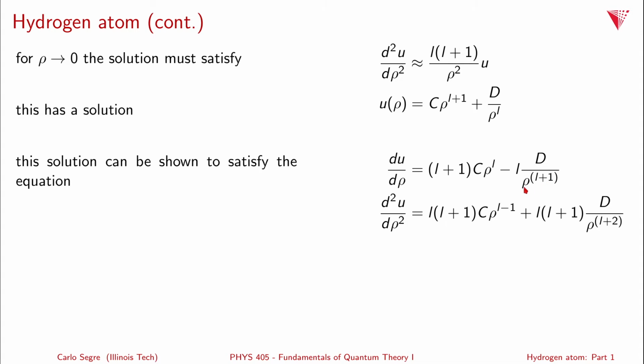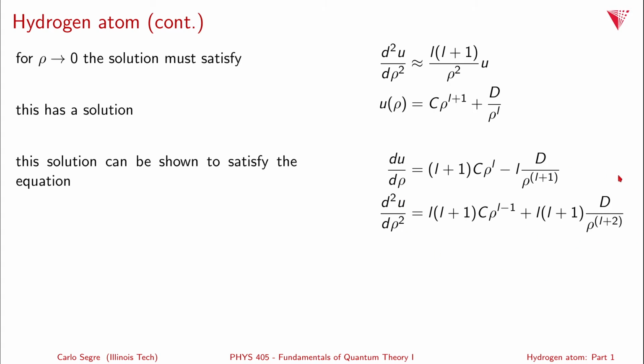Take the second derivative, and you get L times L plus 1, C rho to the L minus 1, which is a power that's 2 lower, rho squared lower than the original function. And then here you have L times L plus 1 times D over rho to the L plus 2, which again is reduced by a factor of 2.